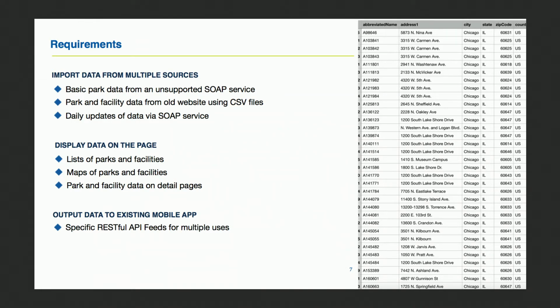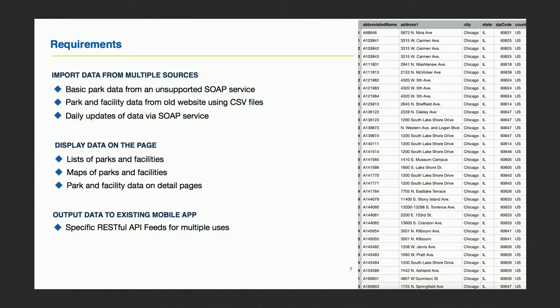We also had to add supplemental information like the hours and descriptions and photos from the old website, and we used the CSV files that were exported from the old website's database to match up with the basic park data that we had and append it. We also had to do daily updates for those programs and events, and we kind of turned Migrate into a daily import of those new programs and events that still had to match up with the location data.